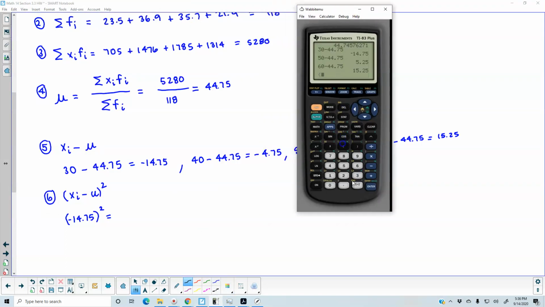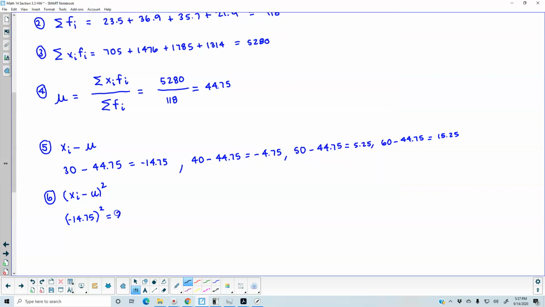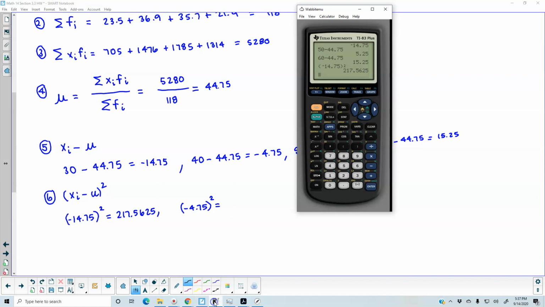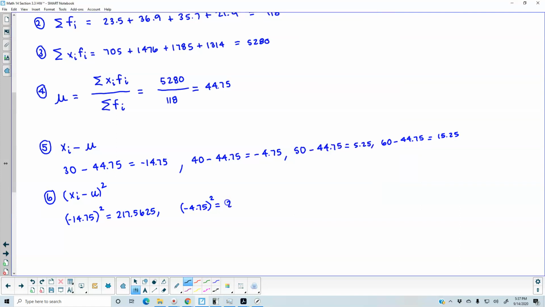We take negative 14.75 and then square that to get us 217.5625. And we're going to take negative 4.75 and square that. And that gives us 22.5625.